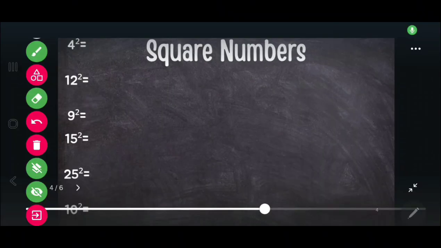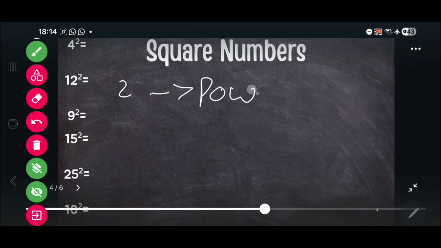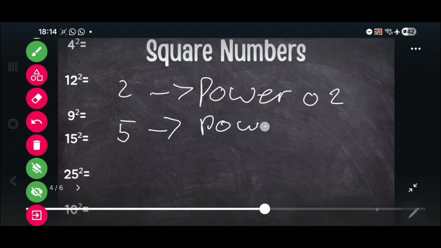We're going to be doing 6 square number questions and 6 cube number questions. The first thing I'm going to do is show you what this little 2 beside all of these numbers really means. Well, it just means to the power of 2. Same as if you have a 5, it would mean to the power of 5.